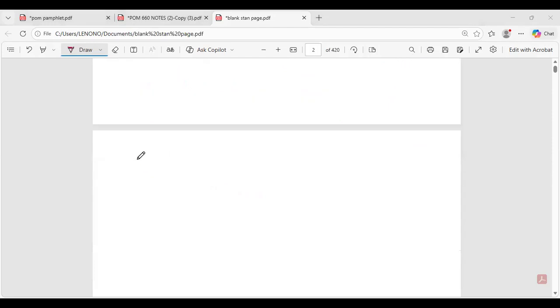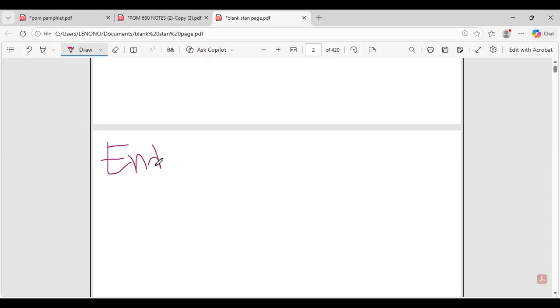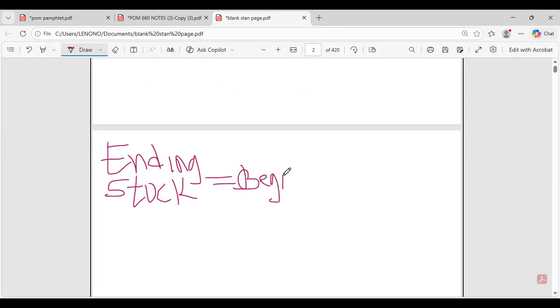Now the formula for finding the ending stock. Ending stock is equal to beginning stock plus production minus demand.